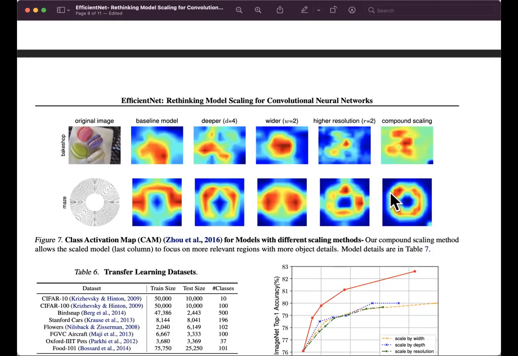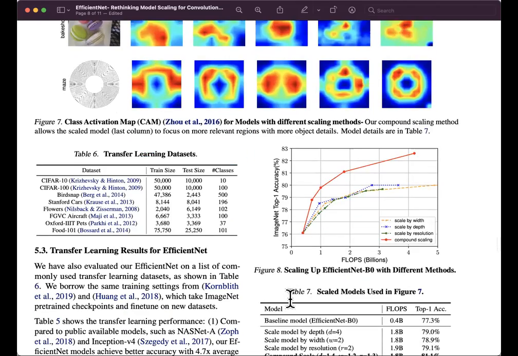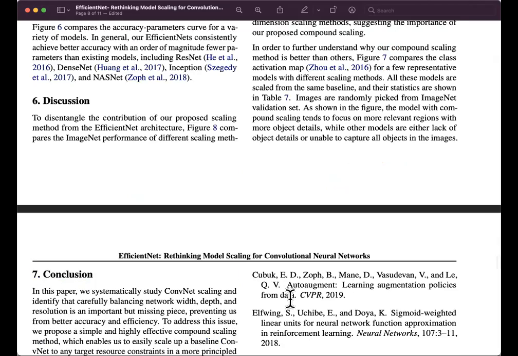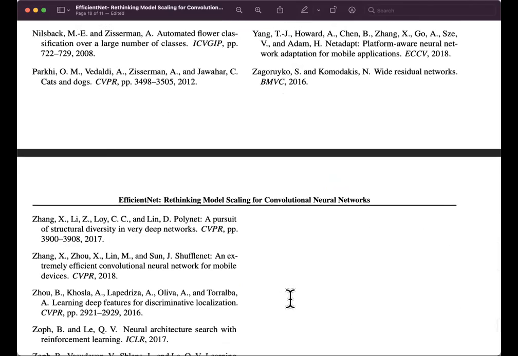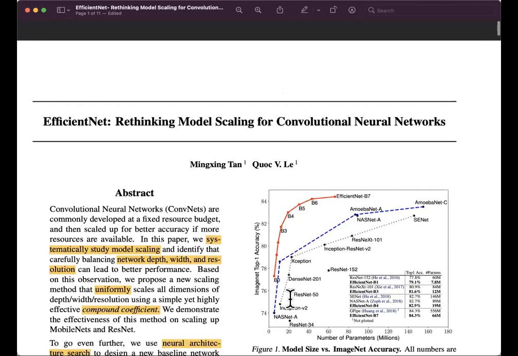And similarly here, the activation in these regions matches this maze better compared to other activations scaled independently. Okay, that's the main thing here.